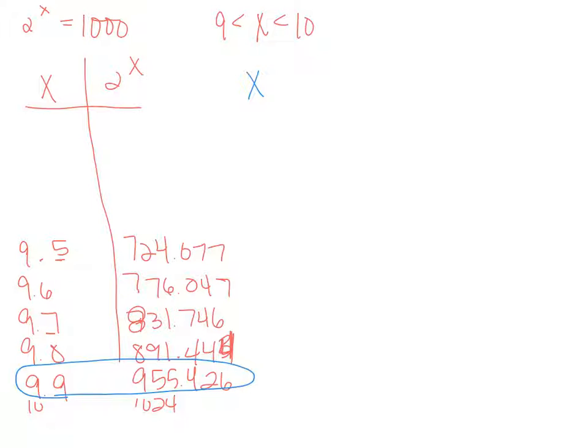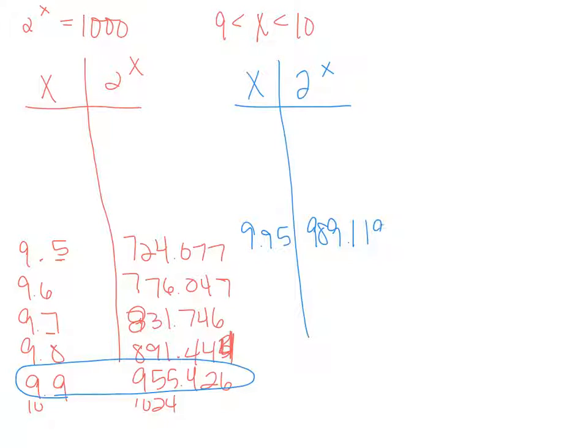So I have x and 2 to the x. I'm at 9.9, so I'm going to do 9.95 because that's just how I am. I have 989.12. Well, I've been doing 3 decimal places, let's keep with it.